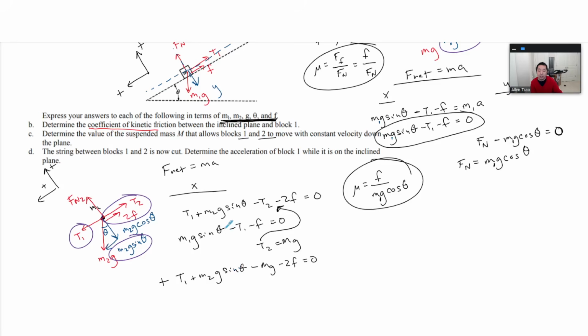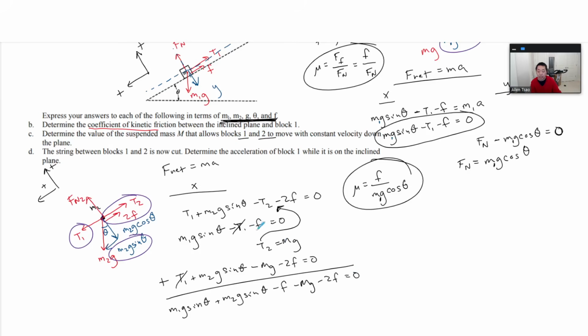So if I add these two equations, this is about solving systems of equations. If I add these two, the T1s will cancel. If I add the left sides, this will be m1g sine theta minus T1 plus T1. Those will cancel. Then plus m2g sine theta minus f minus mg and minus 2f equals 0.